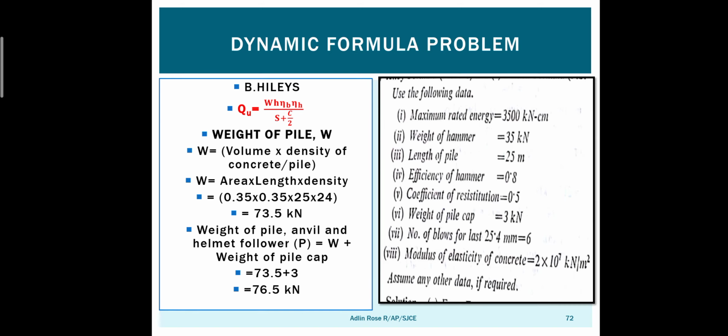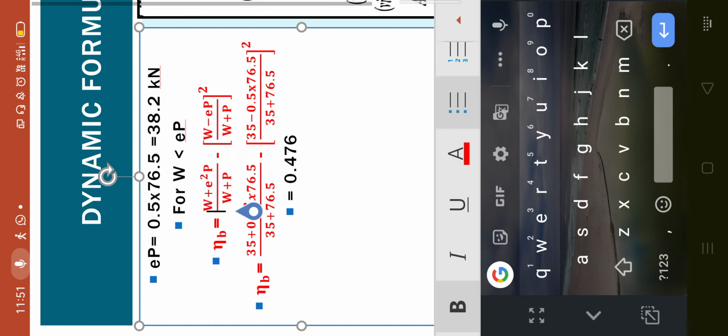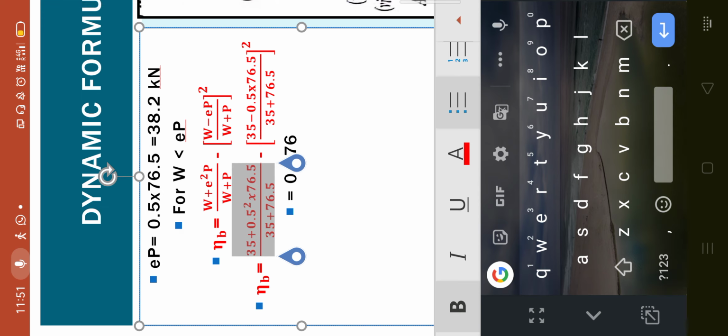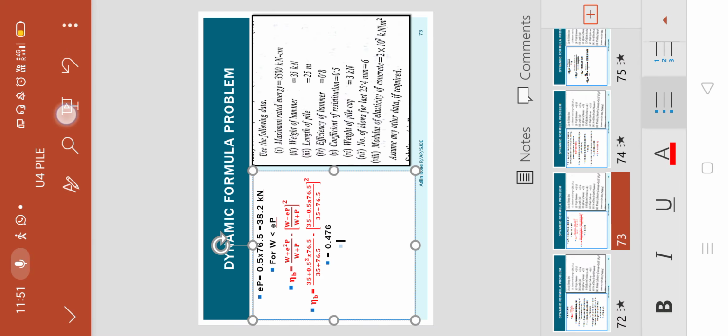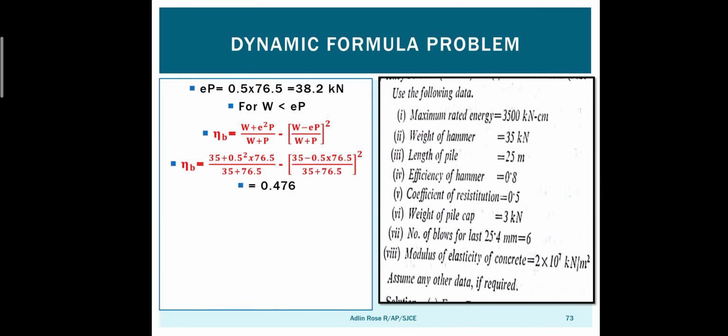I'm sorry, I made a mistake here. There is a mistake inside this formula. What is W? It seems I cannot correct it here. Okay, W I have substituted as 35, but it's wrong. No, W is 76.5. Okay, very sorry for the mistake.